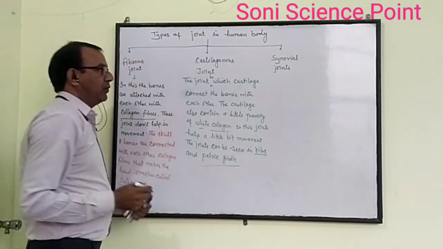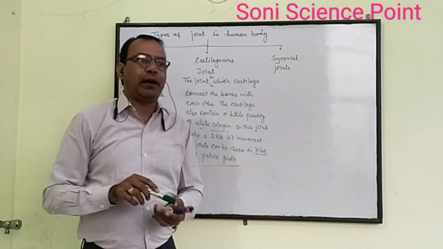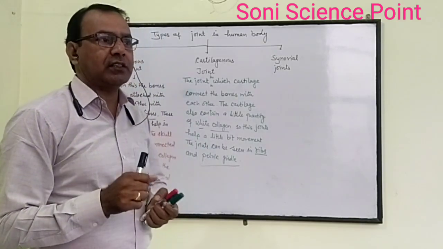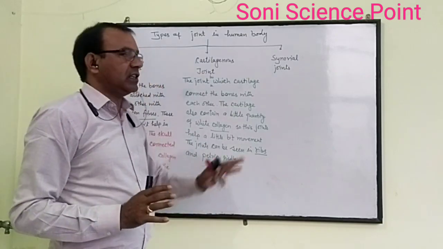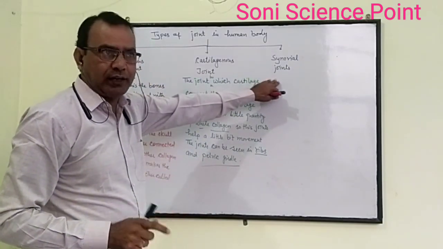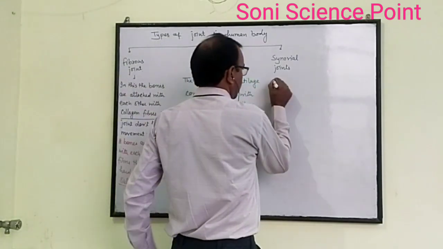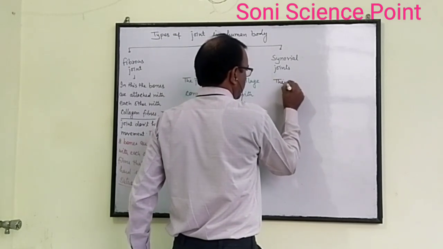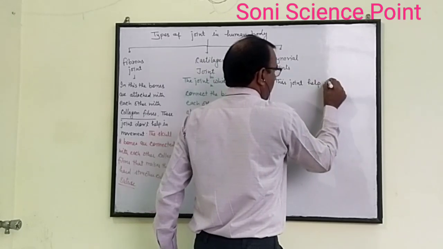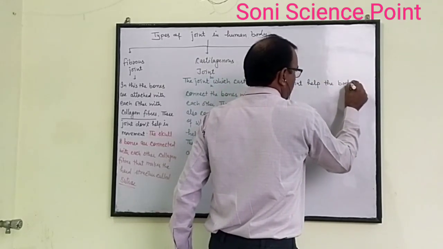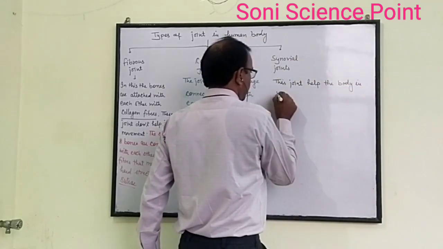And the third type of joint is known as the synovial joint. Synovial joints help in movement. So all the body parts move by the synovial joint.